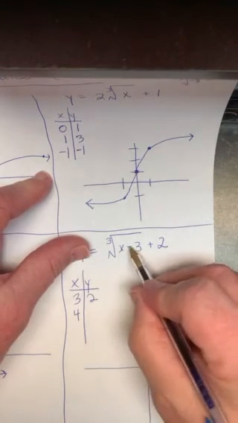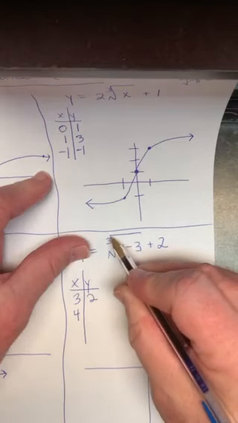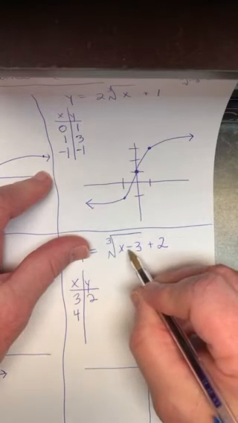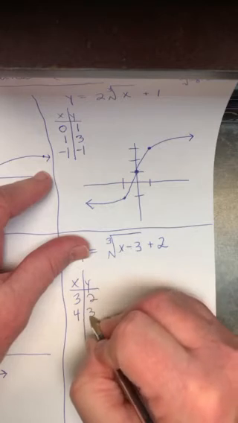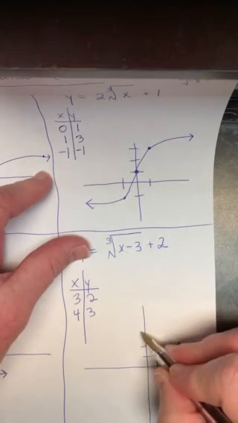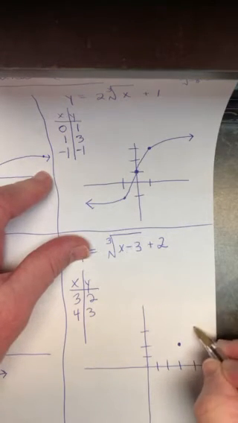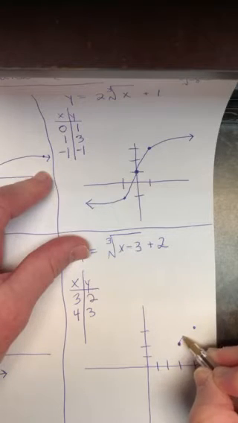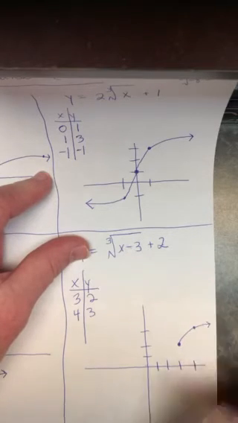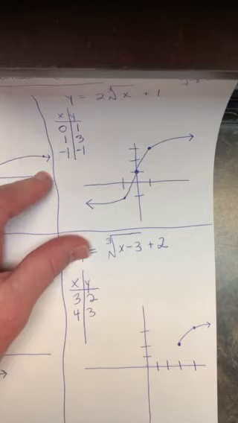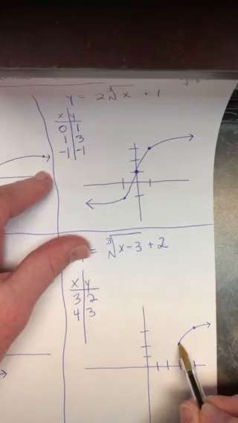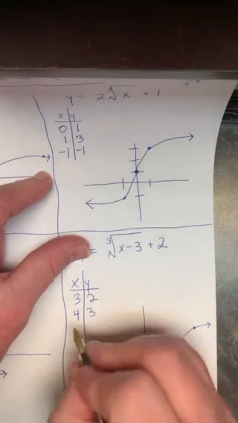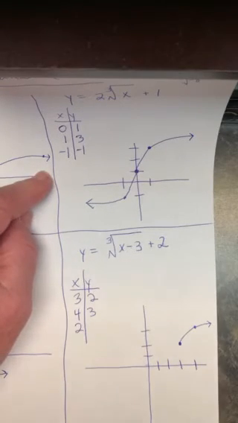What's 4 minus 3? 1. What's the cube root of 1? 1 plus 2 gives me 3. So I know right 4 and up 3 is that dot. Again, make it a curve going through there, not a line. And then pick a number one spot to the left of your starting point, which would be 2. Right? This isn't that bad.